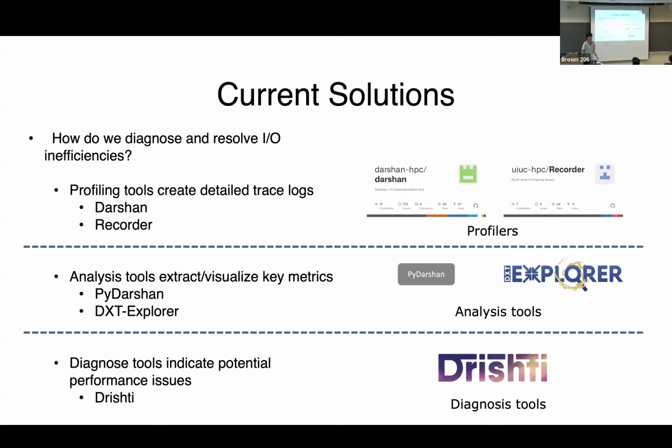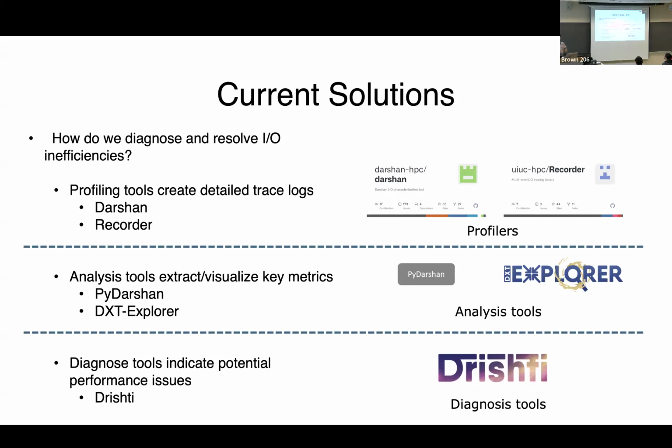Those are developed by Berkeley Lab as well, to analyze the trace, to visualize it, to see how it looks, and eventually, hopefully, with a proper background, you can get an idea of what is going wrong. And there's also a tool called Drishti, developed by our collaborators, to diagnose potential issues of that trace.